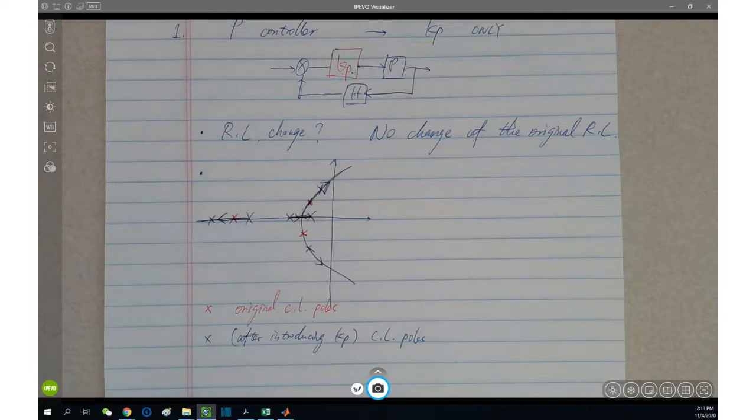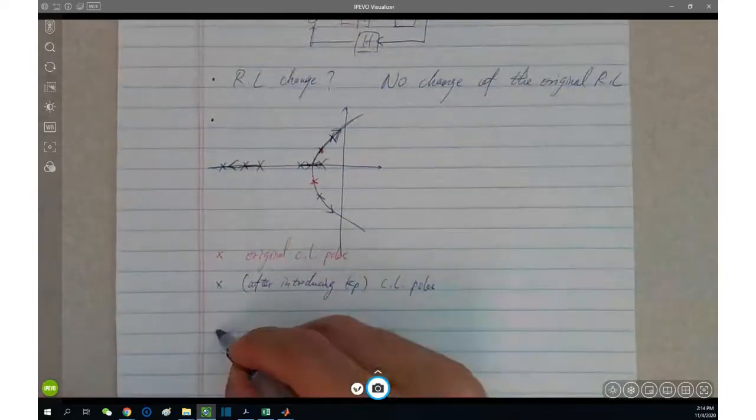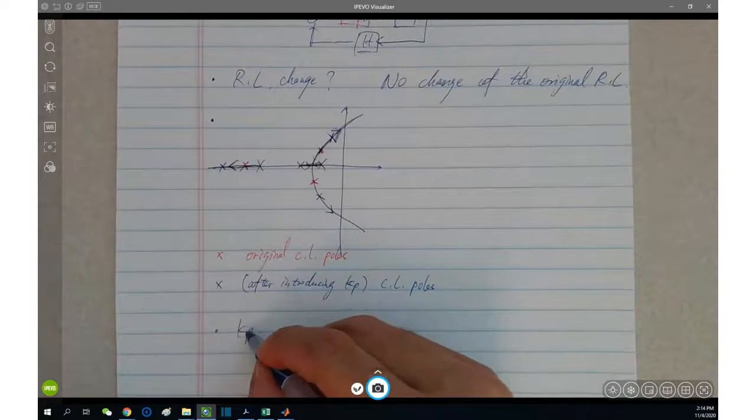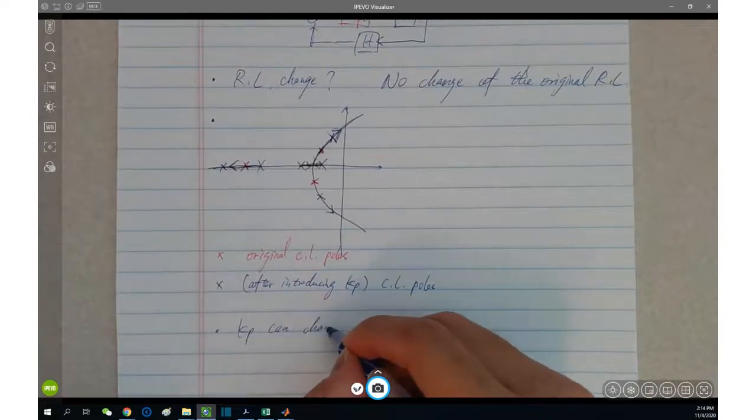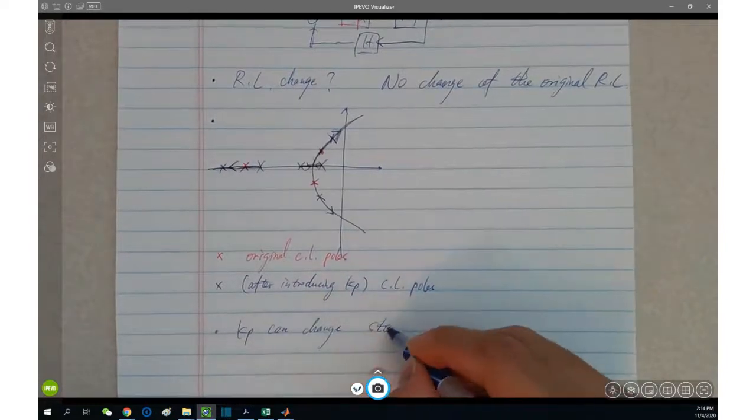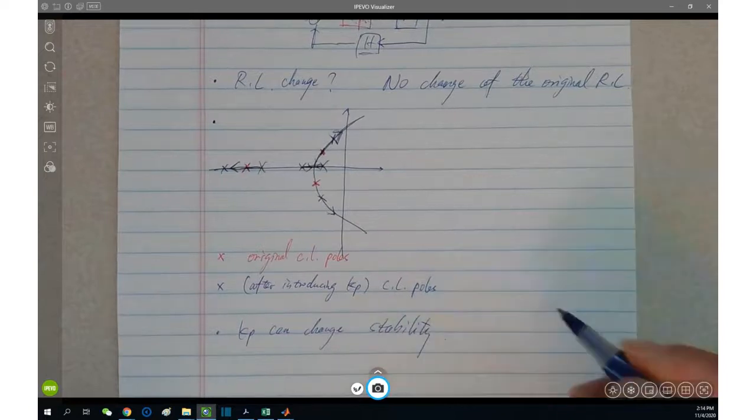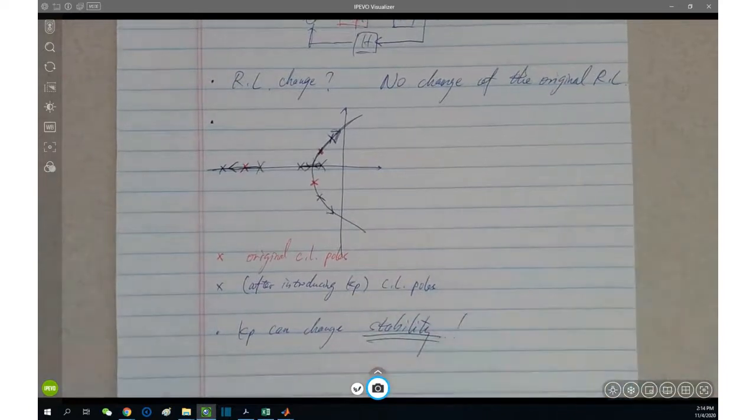So if our system had a KP that is too high, it could become an unstable system, right? Absolutely. That's the next thing I want to mention. It can change stability.